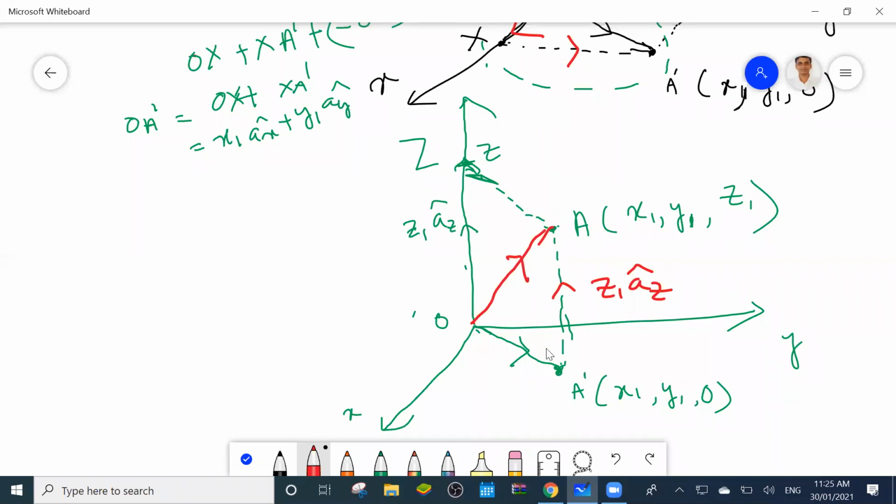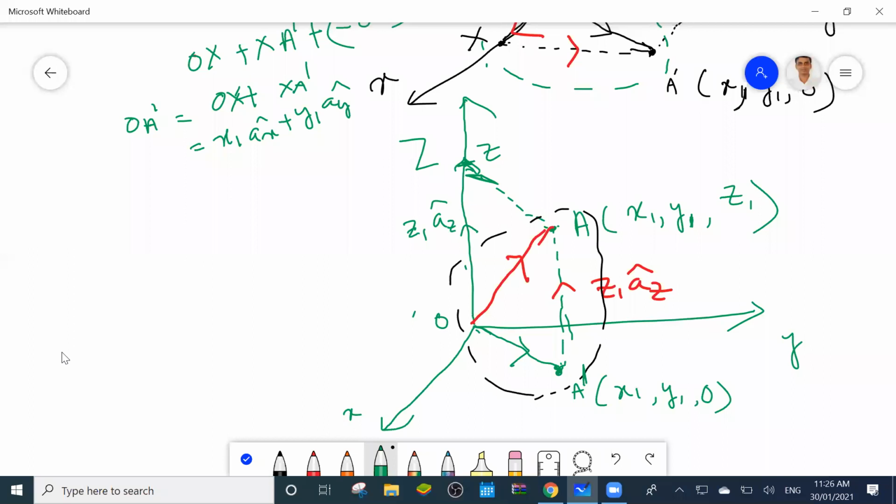So this is the triangle law now. Apply the triangle law here. One is O dash, the other is A dash A, and OA. So find the position vector OA here.